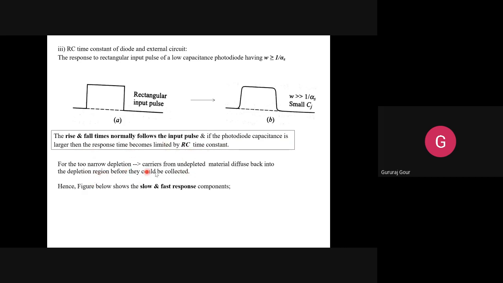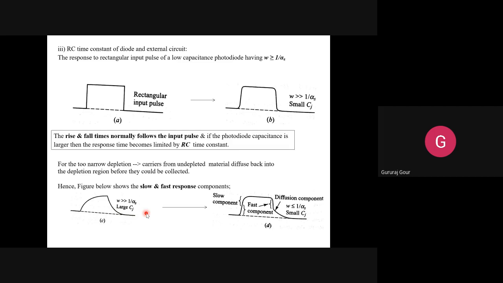For a too narrow depletion region, carriers from the undepleted material diffuse back into the depletion region before they can be collected, meaning they respond slowly. Here you get two things: larger capacitance with a larger width. More width will be there, but larger capacitance gives slow components.